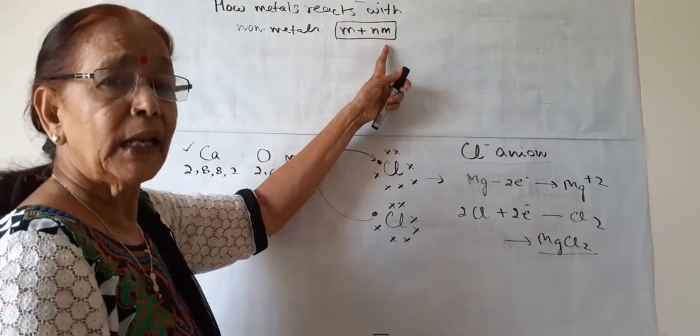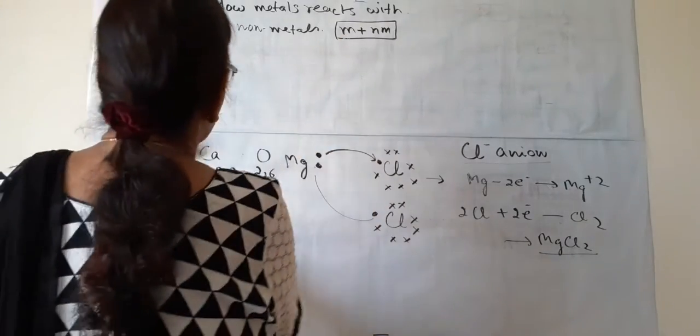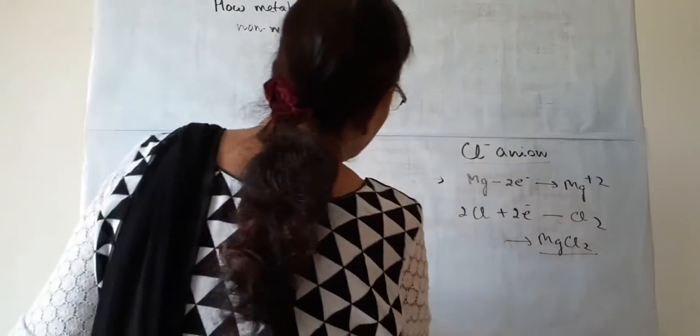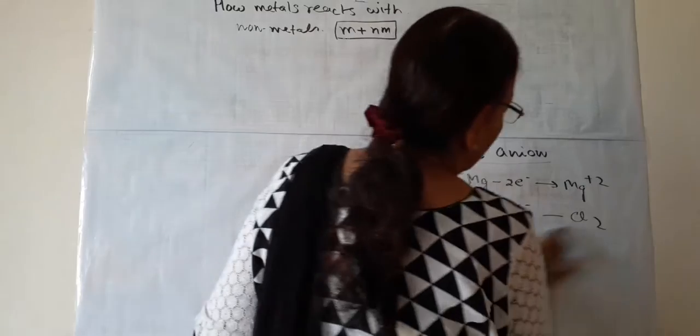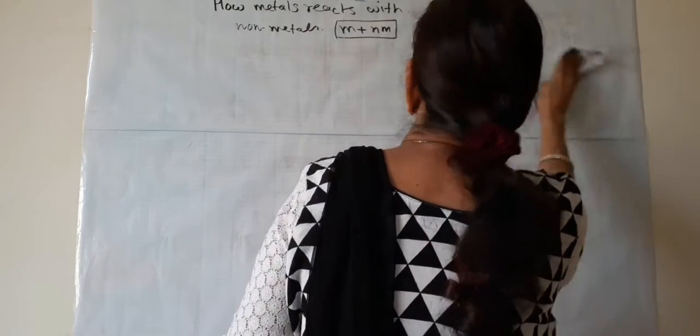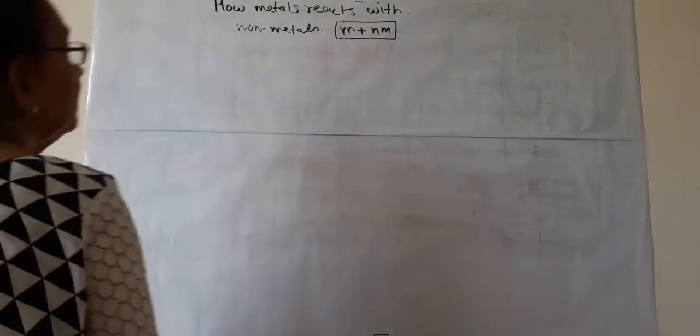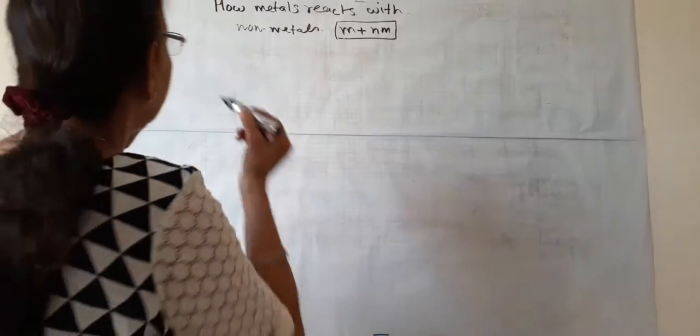It receives the electron and it donates the electron. So now we will study something about their properties. Very simple properties are there. There are 4 or 5 properties. We will take them one by one.